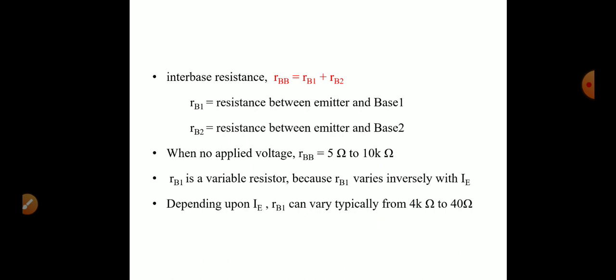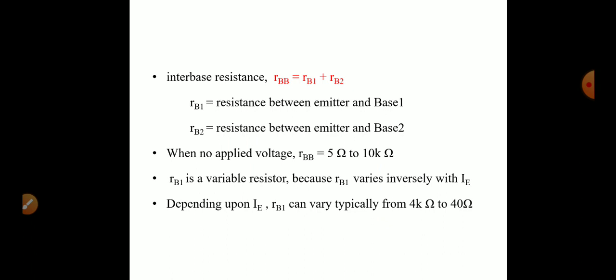When we are not applying any voltage at the input, that means the emitter region, the internal resistance RBB varies from 5 ohm to 10 k ohm. RB1 is the variable resistance. RB1 varies with respect to IE.